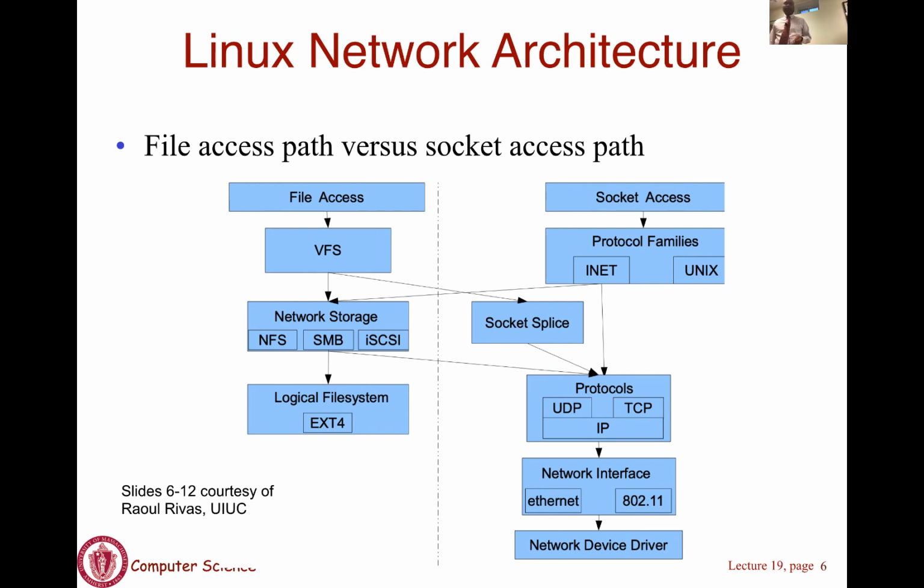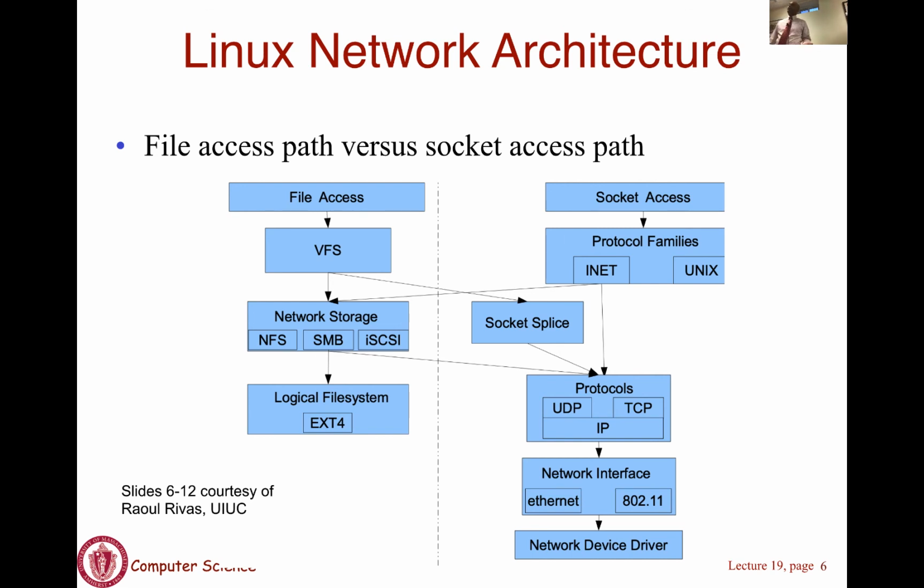Okay. And then you're going to go to the actual implementation, the protocols themselves. Say that you're trying to send a packet using the INET protocol family. That packet is going to be sent to the protocol box shown there, where you have the transport layers, TCP and UDP, as well as the IP layer. Once it's been processed by those layers, you are going to send it over the network interface.